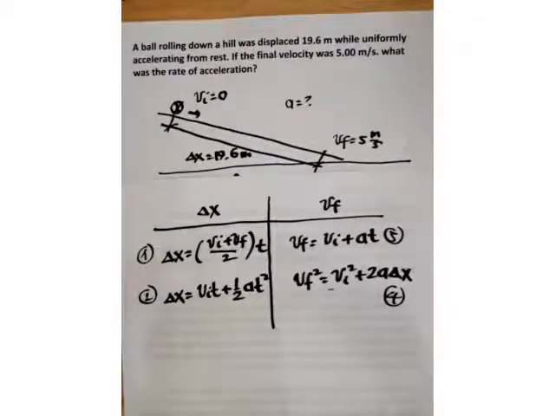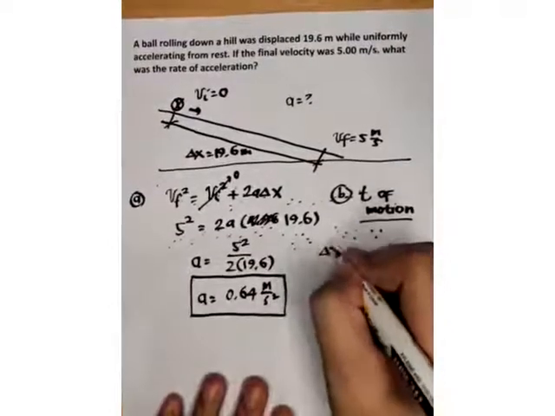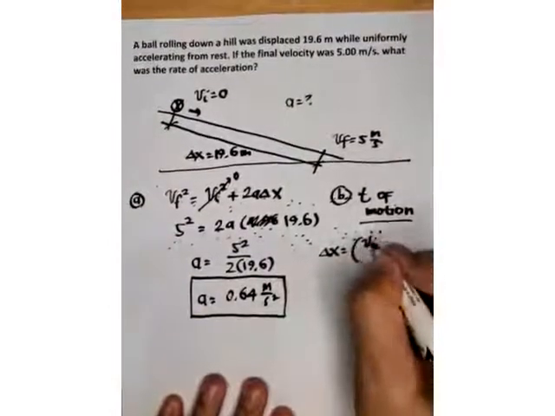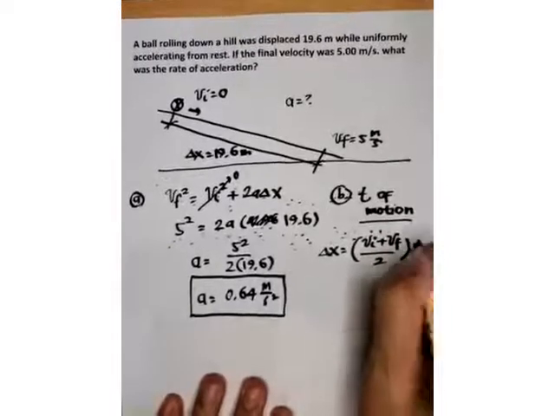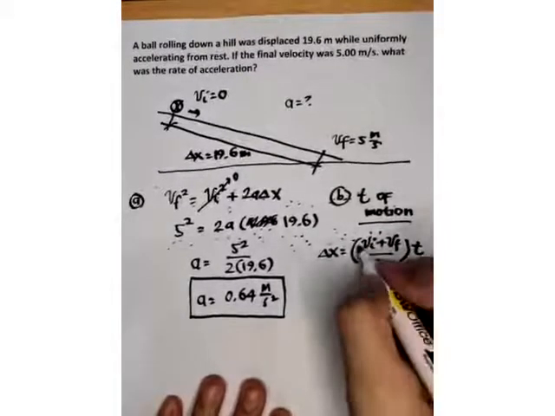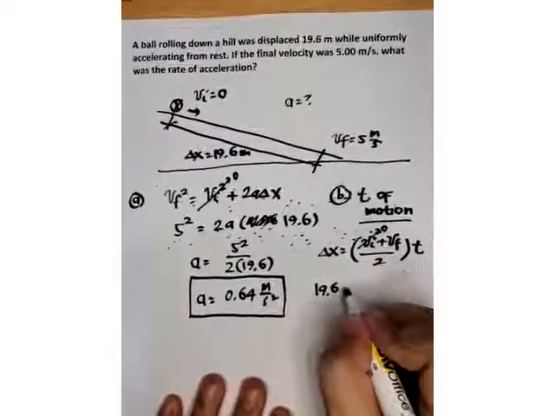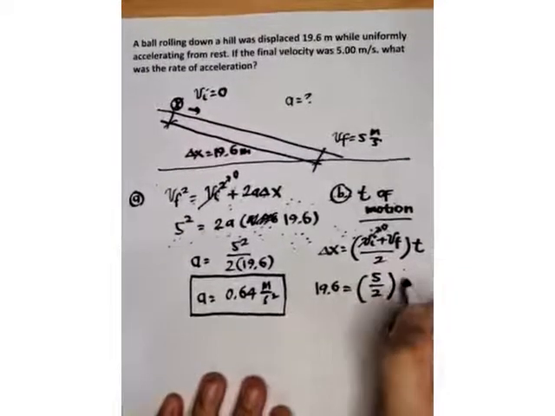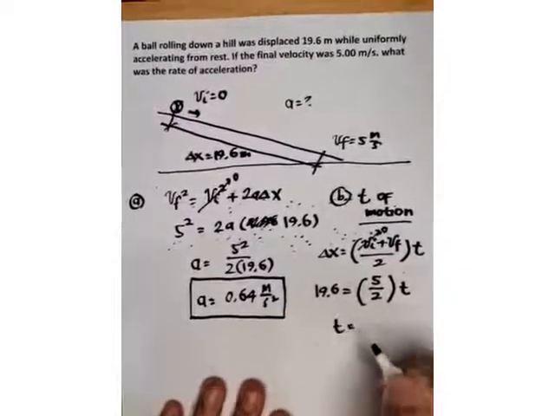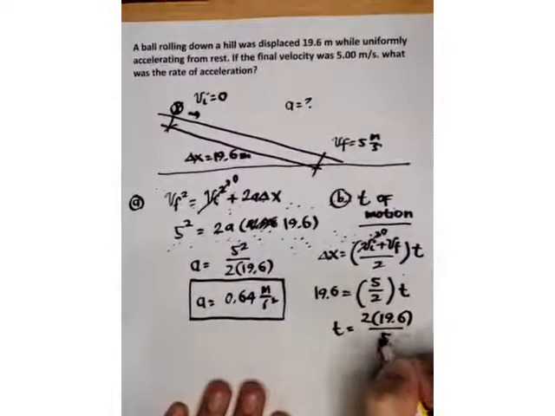The first one. Okay, so number 1. Correct. So delta X is the quantity VI plus VF over 2 times T. But V initial is 0. So let's substitute: 19.6 is equal to 5 over 2 times T. Therefore, time is equal to 2 times 19.6 over 5.